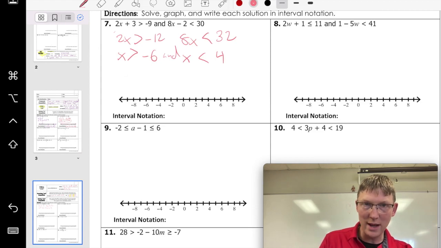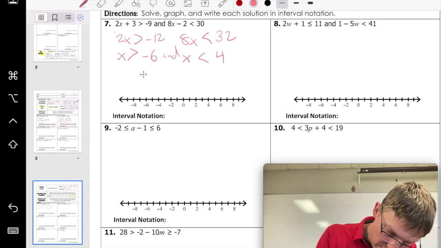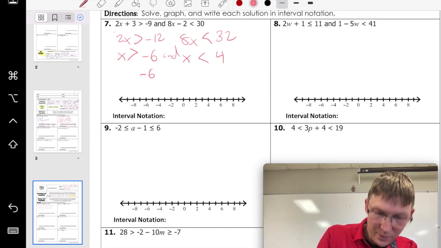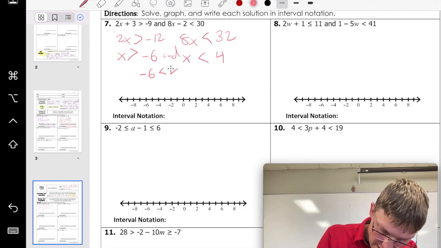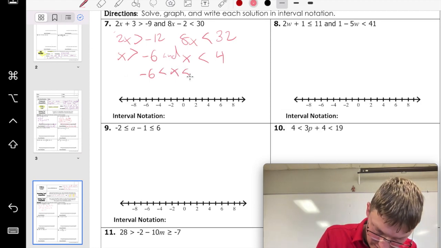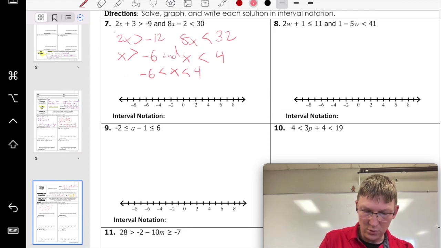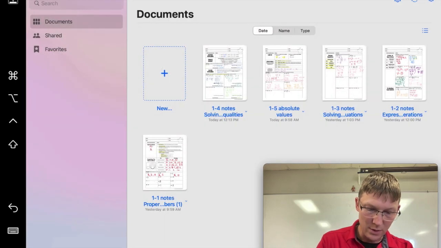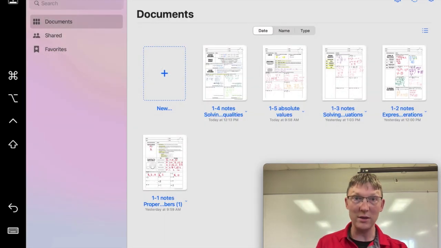Okay, so that is one answer, but I'm going to have you put them in some kind of an interval. So that would look like -6 is less than x, which is less than 4. So we just connect the two x's. And again, our inequality signs should be going the same direction.